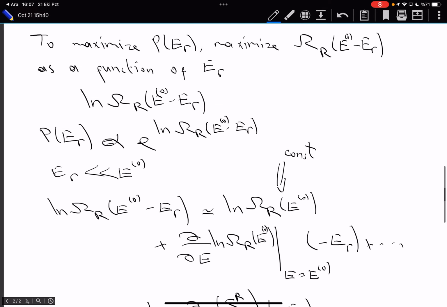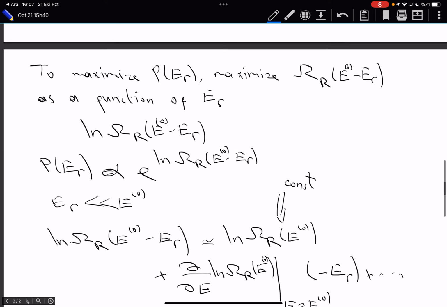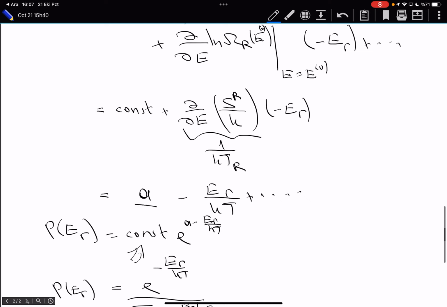Well, this constant over here, you see, the probability is not just omega R. It's also divided by the total number of microstates of the combined system, the system plus the reservoir, which is also another constant. This A over here is this A over here, but that's also another constant. So this is just some other constant.